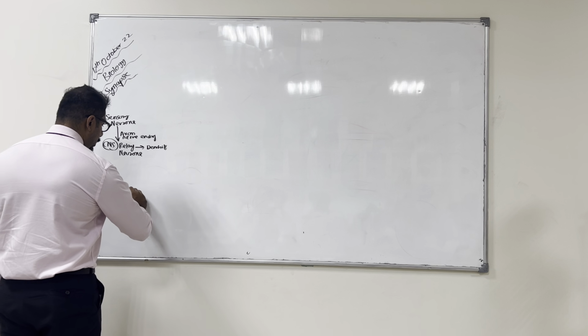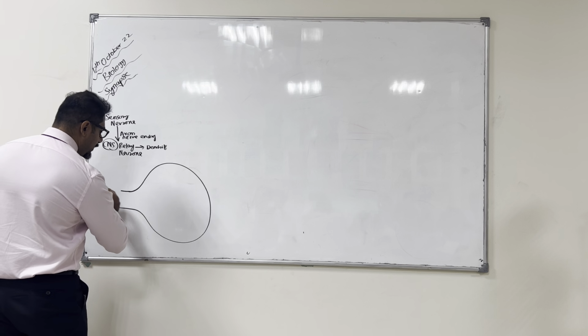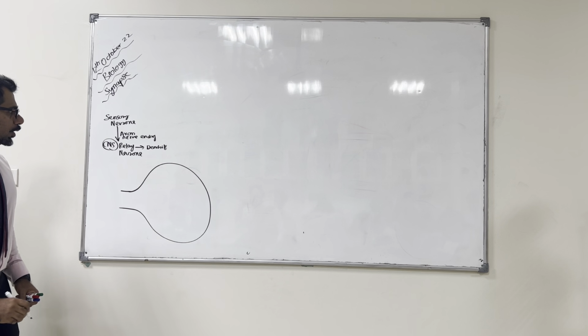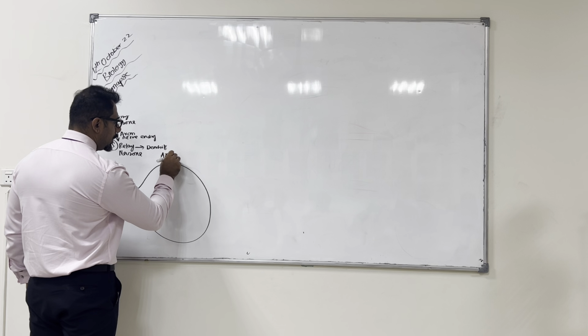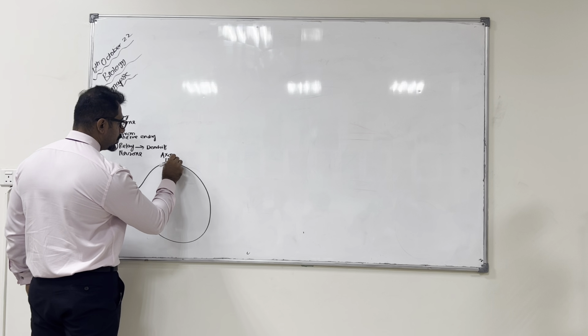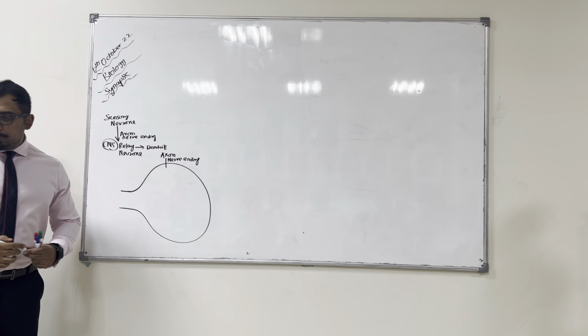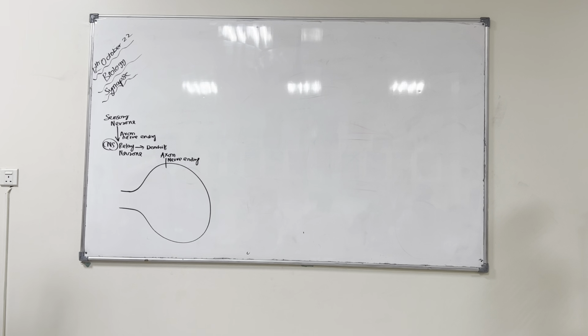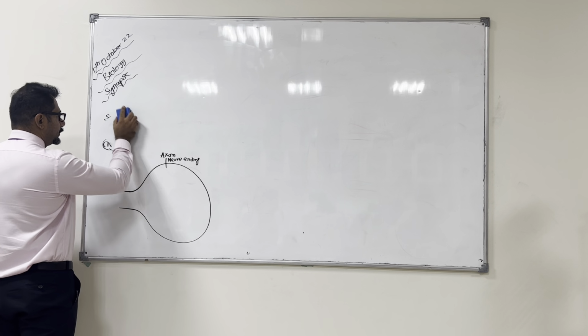Now if I draw a synapse, first of all over here, this is the axon nerve ending. Now when I am drawing the axon nerve ending, this axon nerve ending looks like this.